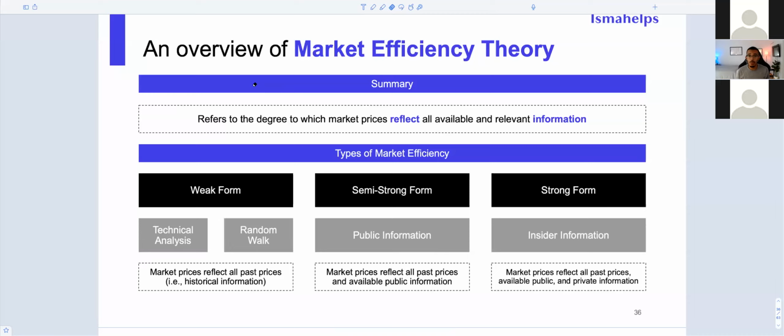And what is the key takeaway here? What is the so what for you? Well, if the market reflects all past prices, in other words, all the historical information, investors cannot make abnormal returns. They cannot beat the market by studying these past prices. However, they may have an opportunity to beat the market by studying other types of information, okay?